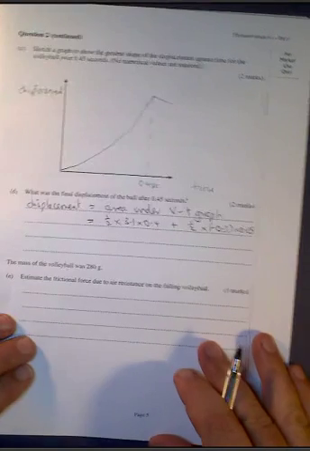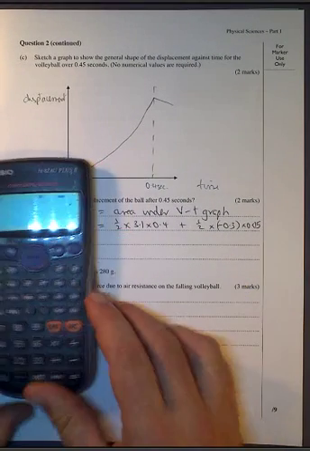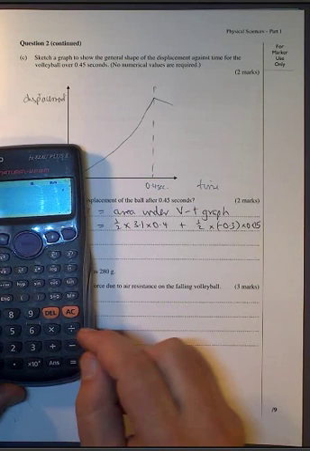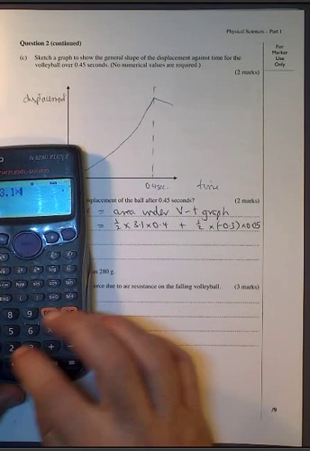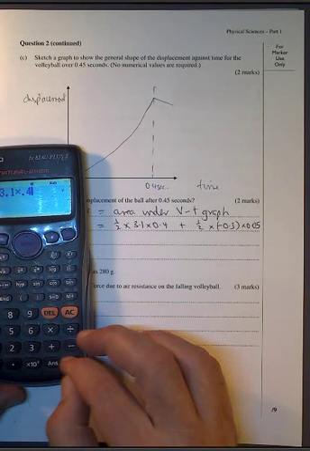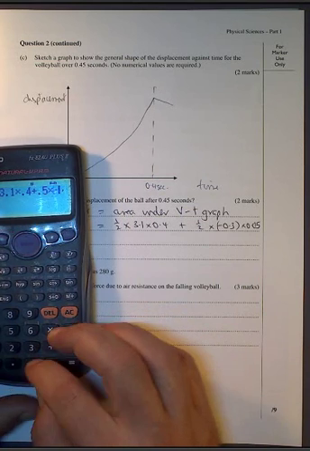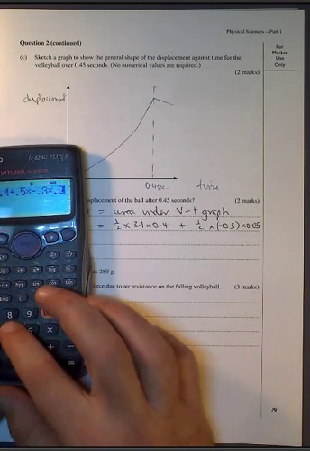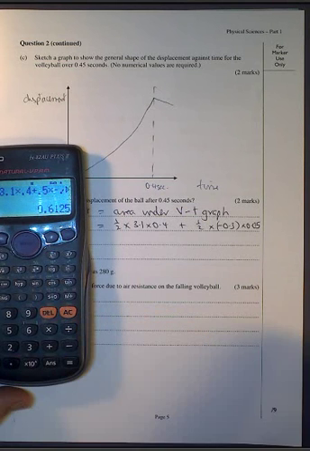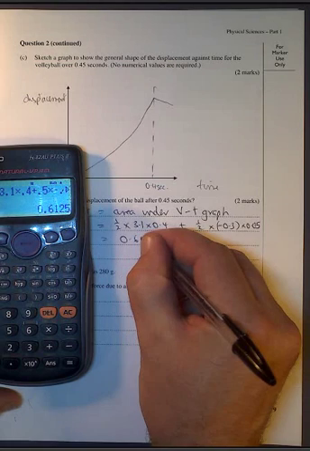Now, what we have is 0.5 times 3.1 times 0.4 plus 0.5 times negative 0.3 times 0.05, equals 0.6125.